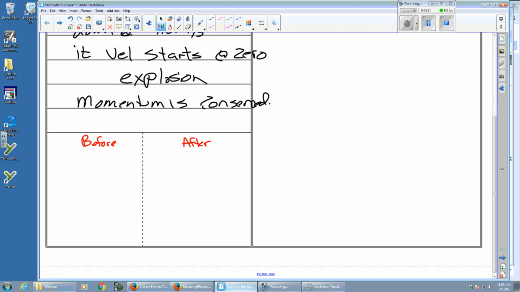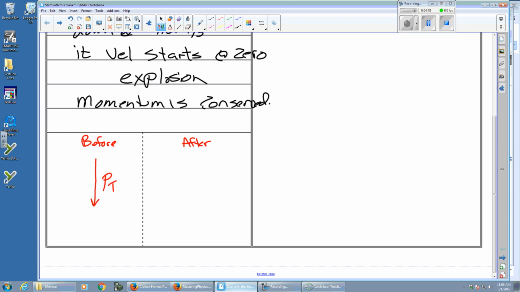And how many firecrackers are there before the explosion? 1. And which direction is it moving? Down. So whatever direction the velocity is in, the momentum is also in. So it would have a momentum, and we'll call that momentum total maybe? And it's going to be downwards, because that's the direction of the velocity.